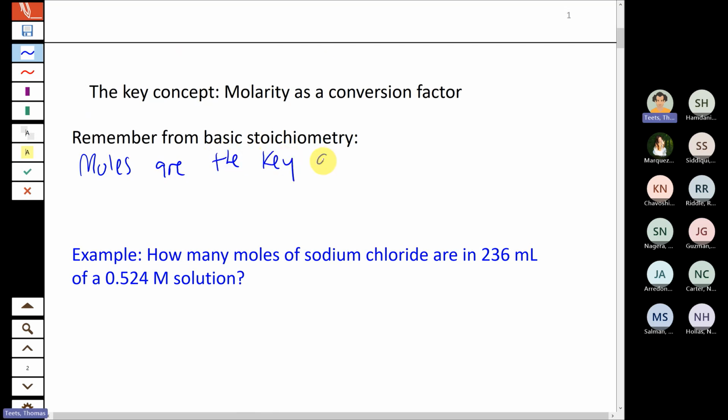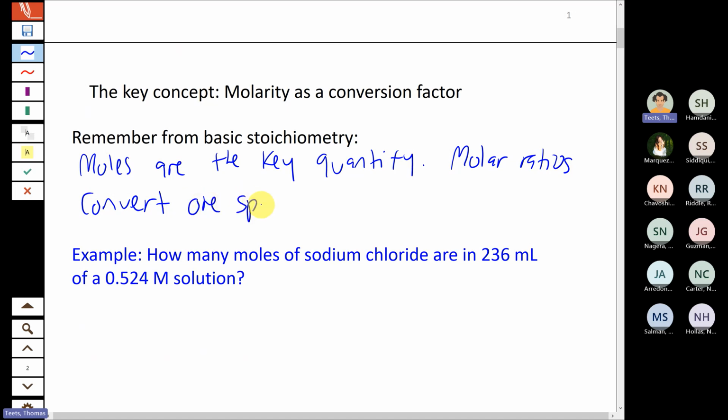So typically the first step in any stoichiometry problem is to convert to moles. And that's because those coefficients that we have in the balanced equations can be thought of as molar ratios that allow us to convert the amount of one species, one reactant, or one product into an amount of another one.